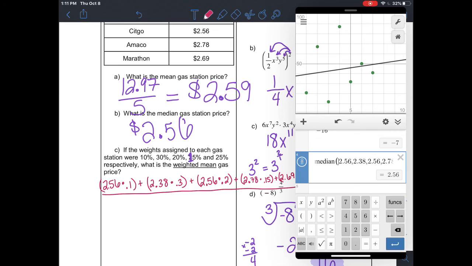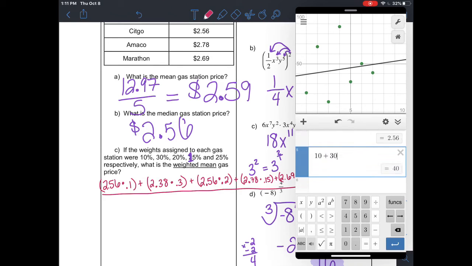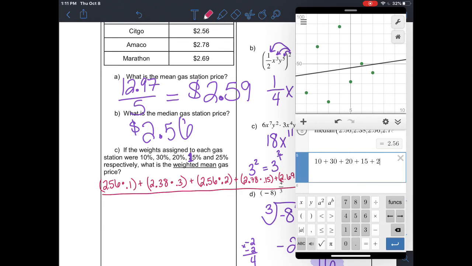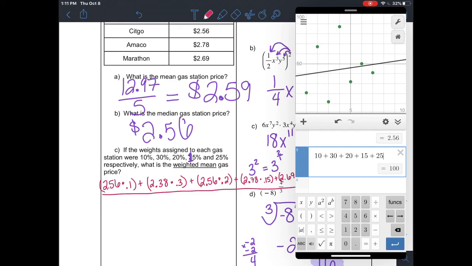So 10 plus 30, I believe it adds up to 100, but let's just double check. 10 plus 30 plus 20 plus 15 plus 25 is the 100%. So we'll divide by 1, which is 100% as a decimal.